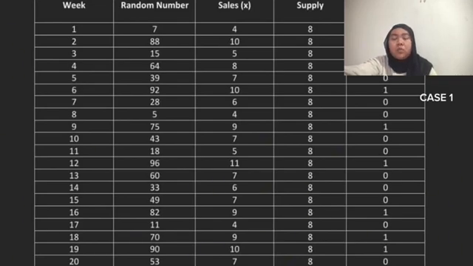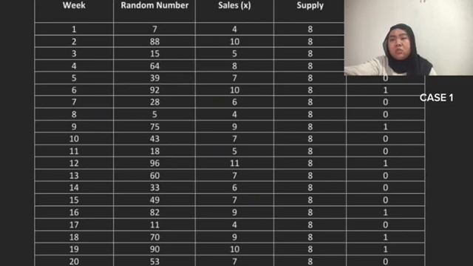Out of 20 weeks, stockouts occurred in 7 weeks. Total sales were 139 heaters, giving an average of 6.95 per week. For example, in week 1, a random number of 7 led to sales of 4, which was below the supply, so there was no stockout.